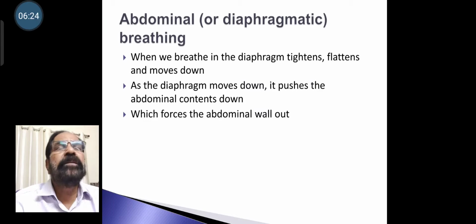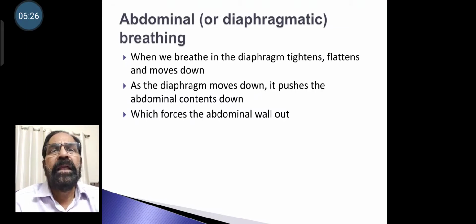Abdominal or diaphragmatic breathing. When we breathe in, the diaphragm tightens, flattens and moves down. As the diaphragm moves down, it pushes the abdominal contents down, which forces the abdominal wall out.